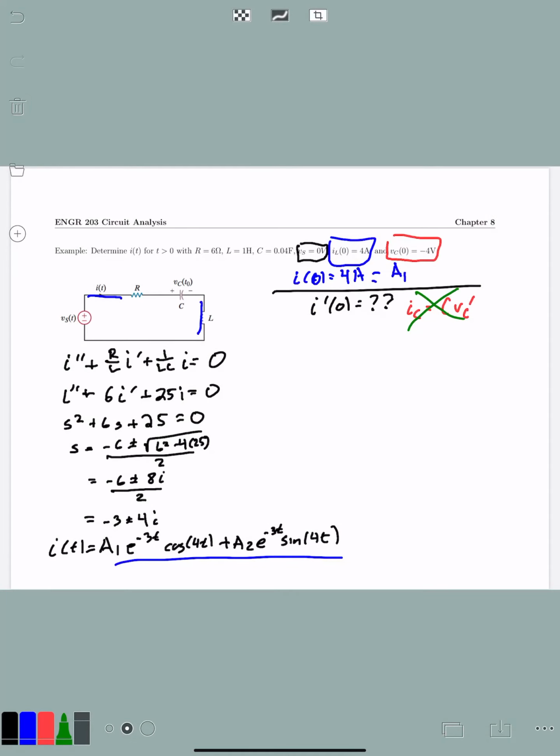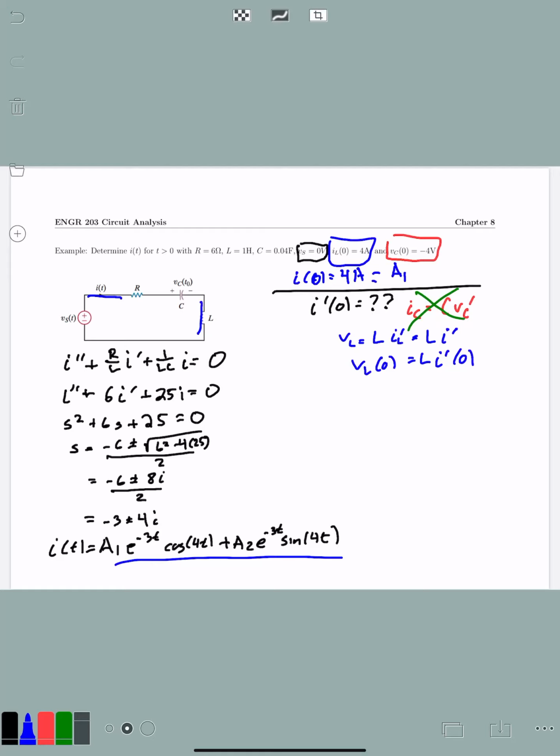If that one doesn't work, then we use our inductor rule. The voltage across an inductor is L times the derivative of the current, which is just L times I prime, because IL is the same as I for this circuit. If we knew the voltage across the inductor at time 0, we could solve for the derivative of I at 0, but they don't tell us that.